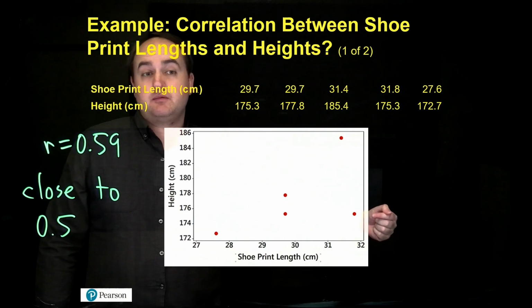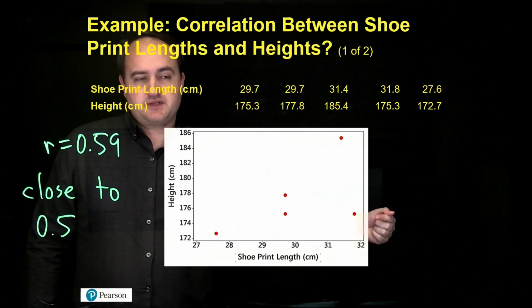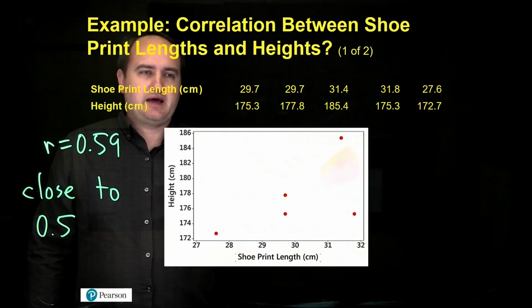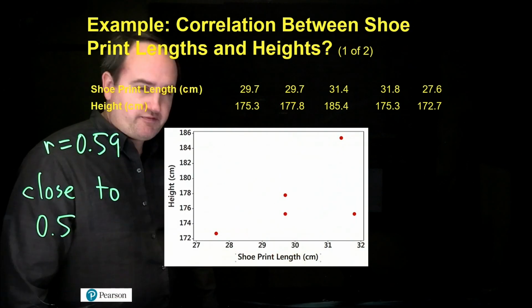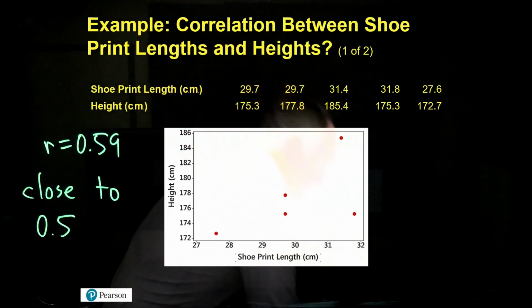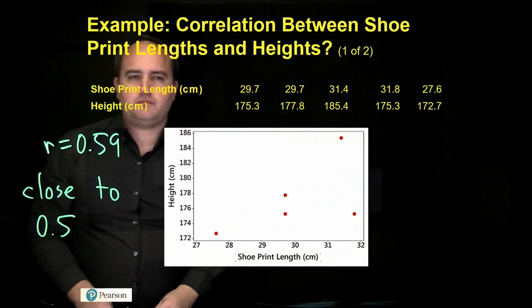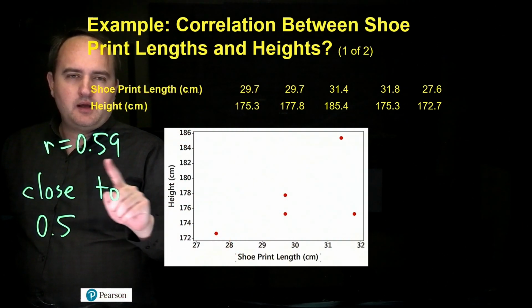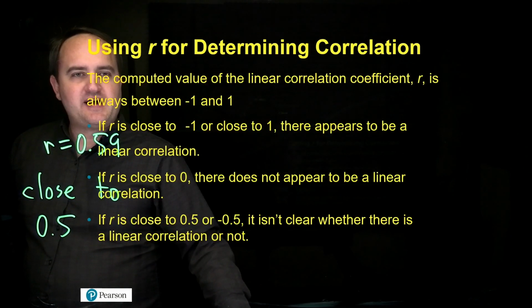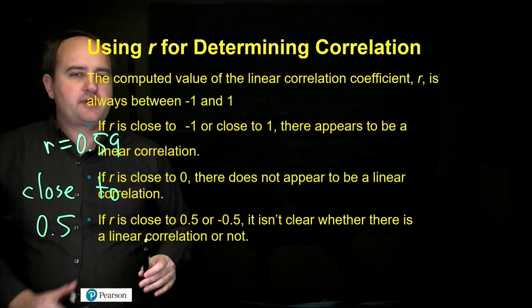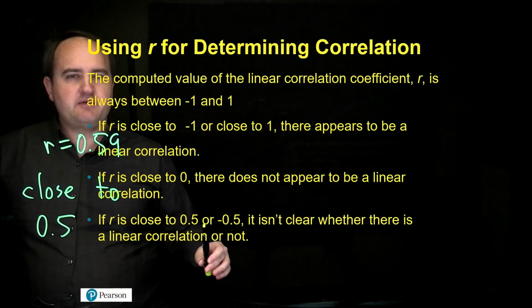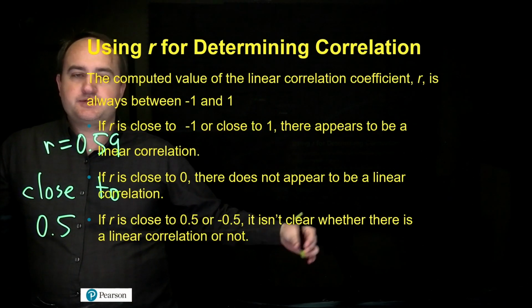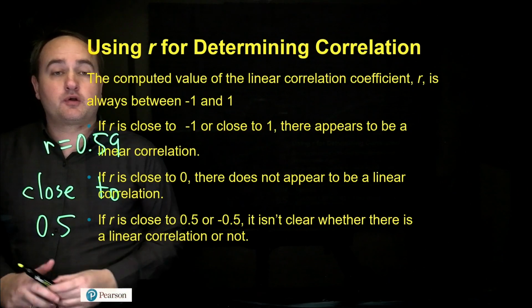That might even be what's called an outlier, because this data value seems sort of out of place. Anyway, it's very difficult to figure out whether this has a straight line pattern or not, which is why r is close to 0.5. Remember, if r is close to 0.5 or negative 0.5, it's just not clear whether there's a linear correlation or not.